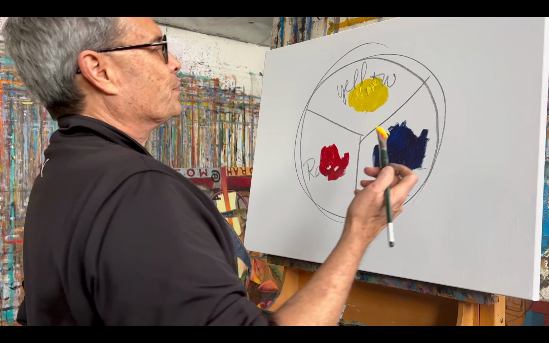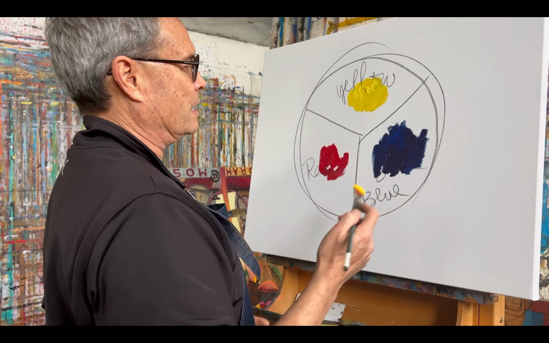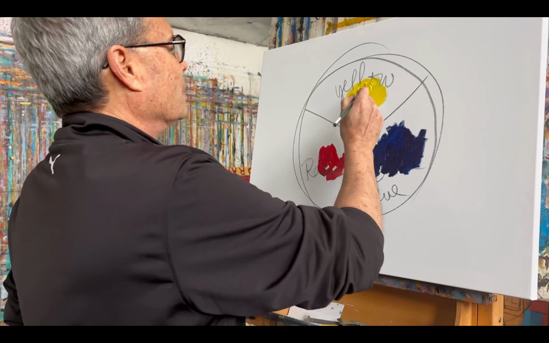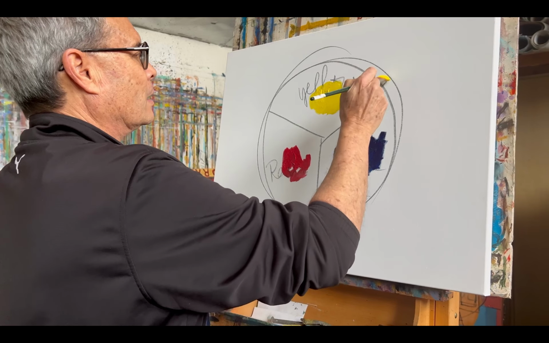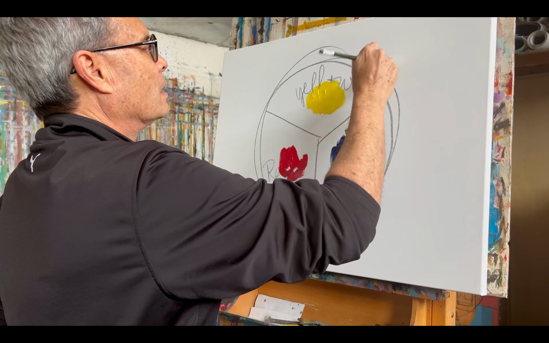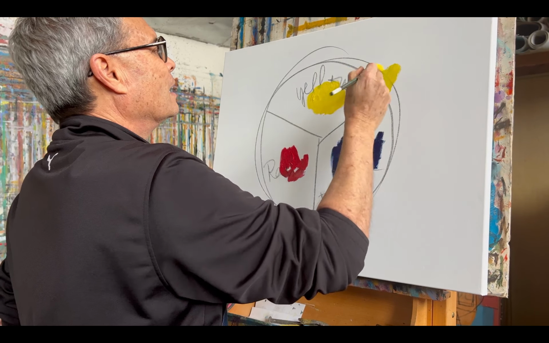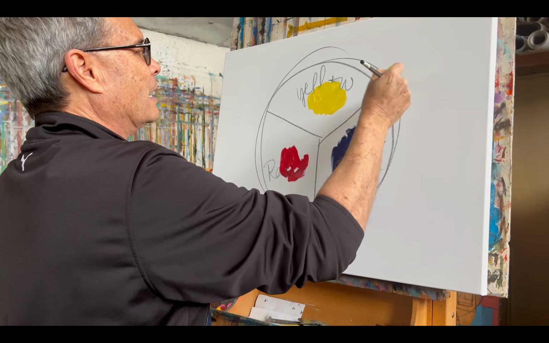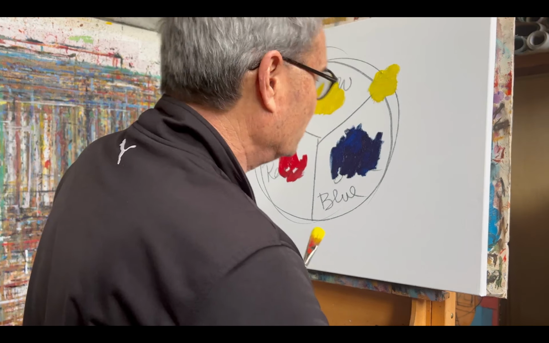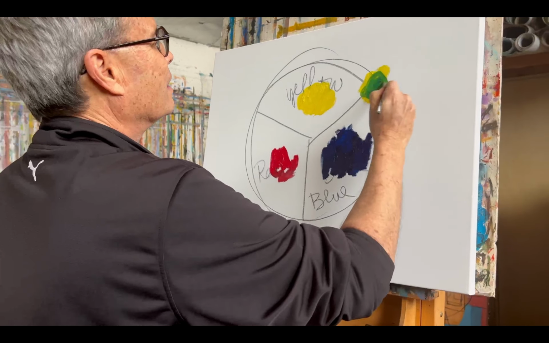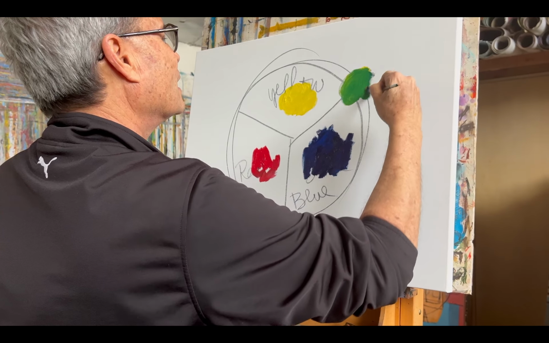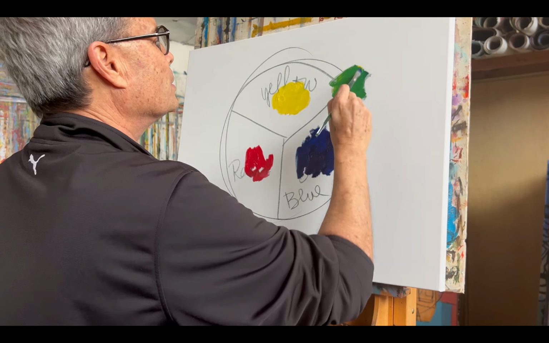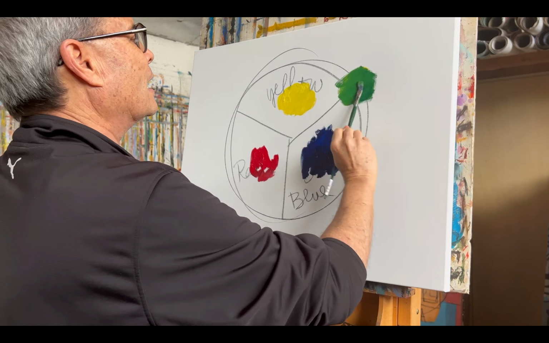For instance, if you want a green, then you just would take some yellow here and mix in some blue. And that's going to turn into a green, like that.